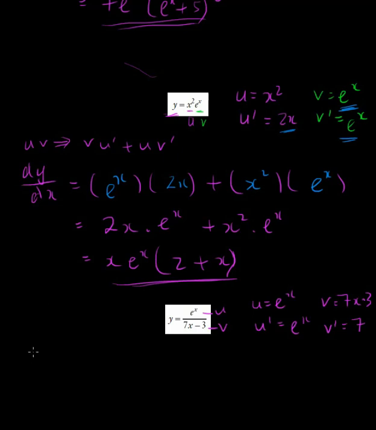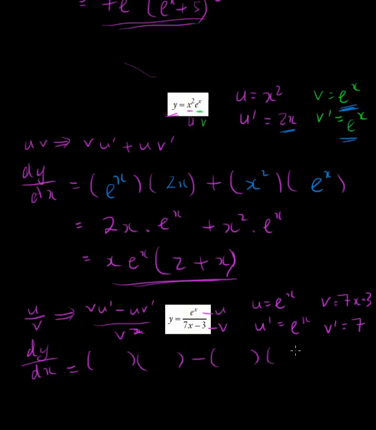Once again, if we put this in our formula, remember that if I differentiate u over v, I should get v u dash minus u v dash, all over v squared.